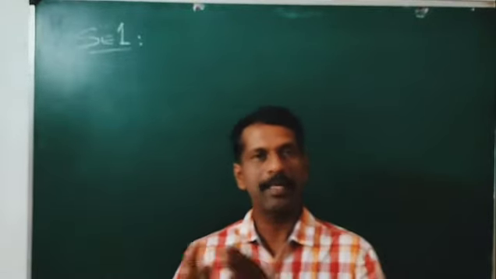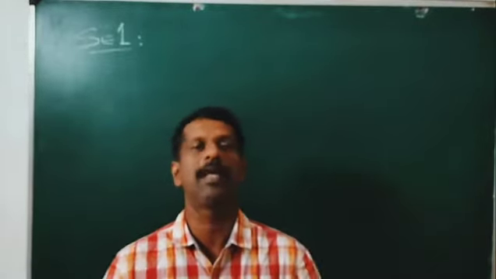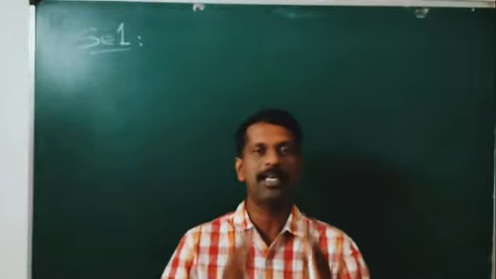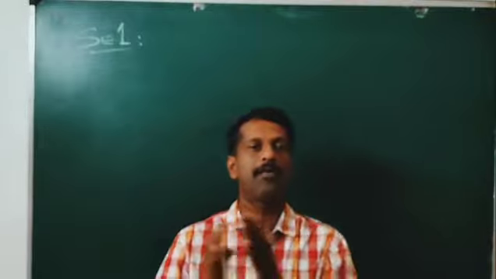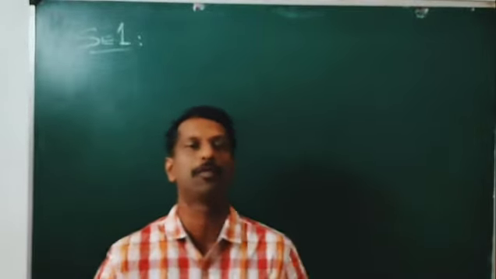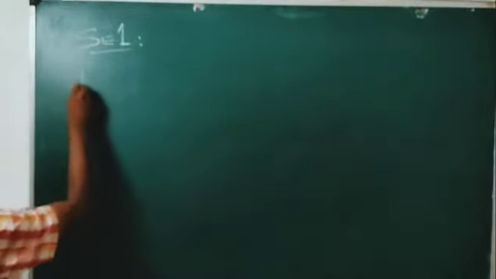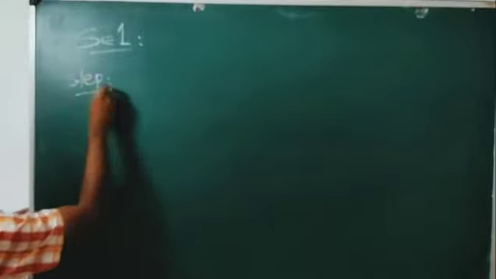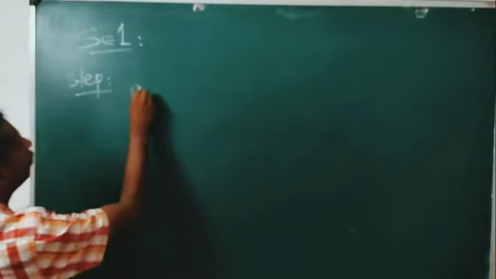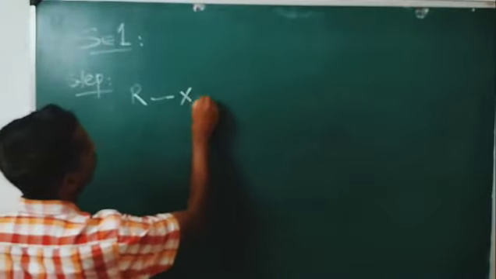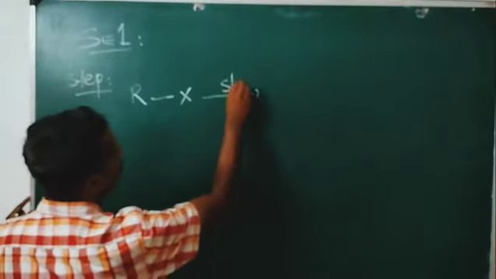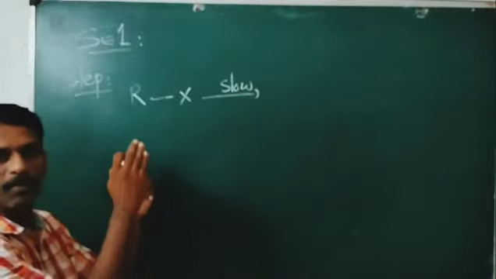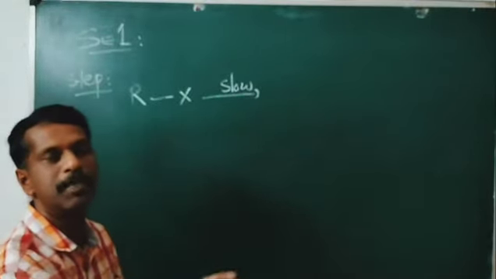As in the case of the SN1 mechanism, in SE1 also, the first step is the slow ionization of the substrate molecule. Step 1: slow ionization of the substrate molecule to form a carbanion, RX. This is the slow step, and of course the first step is the rate determining step.